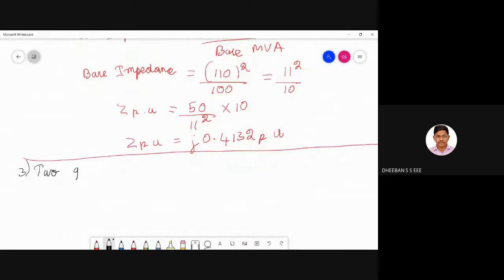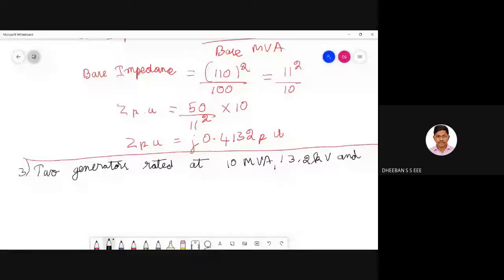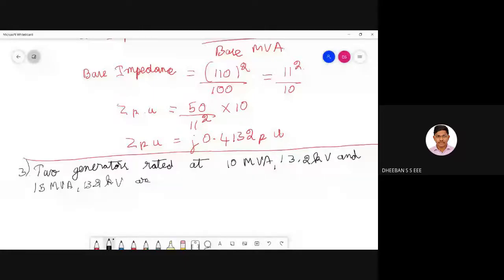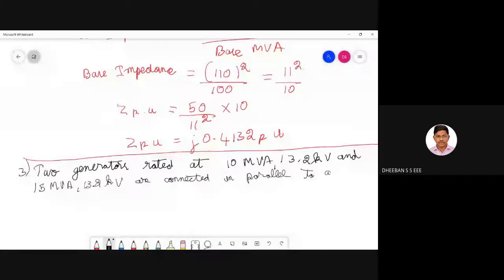Two generators rated at 10 MVA, 13.2 kV, and 15 MVA, 13.2 kV are connected in parallel to a bus bar.